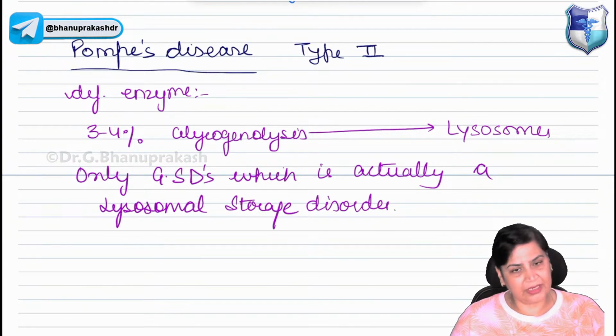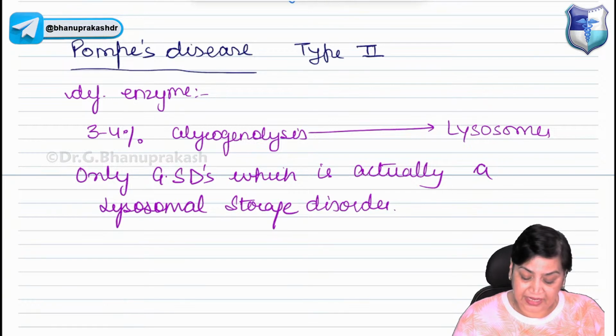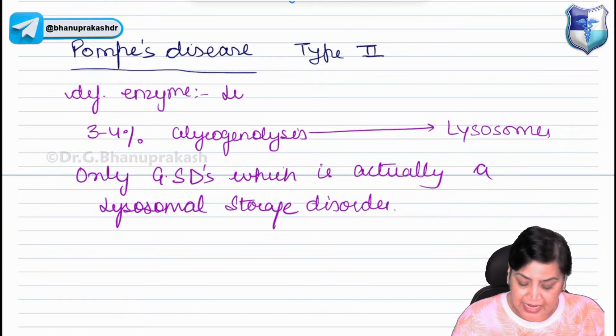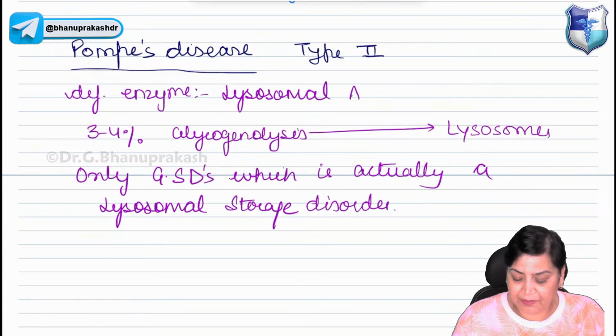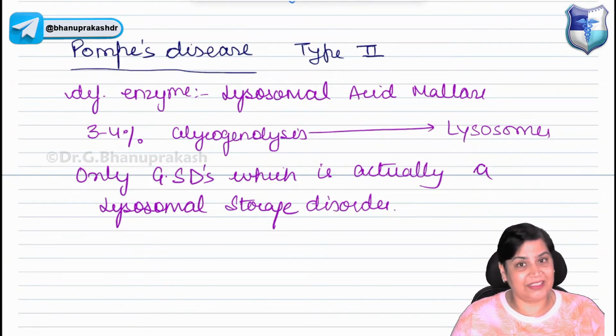And if we talk about the deficient enzyme, obviously since it is absent in the lysosomes, the deficient enzyme will be lysosomal acid maltase. Lysosomal acid maltase, right? So this is Pompe's disease.